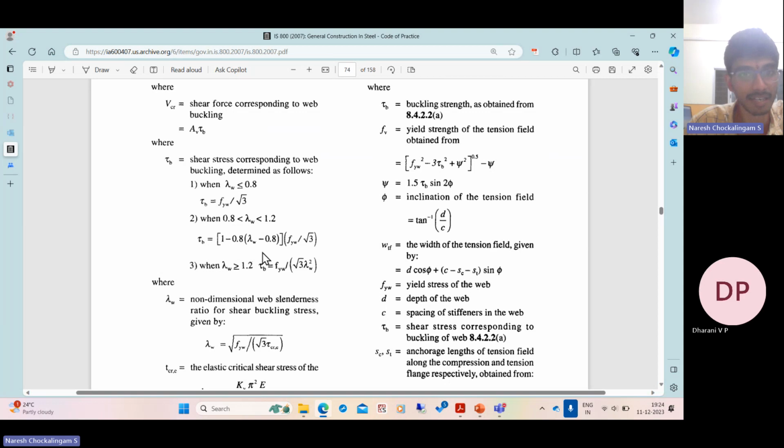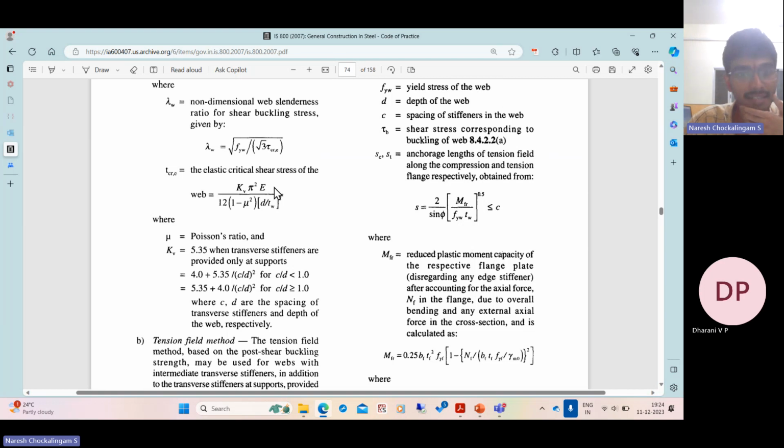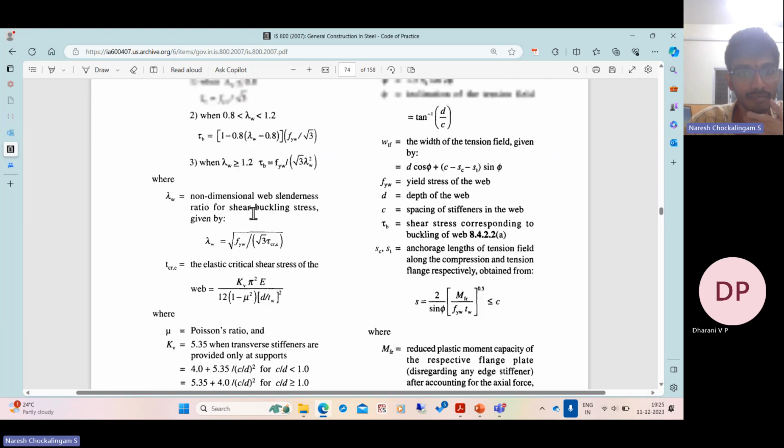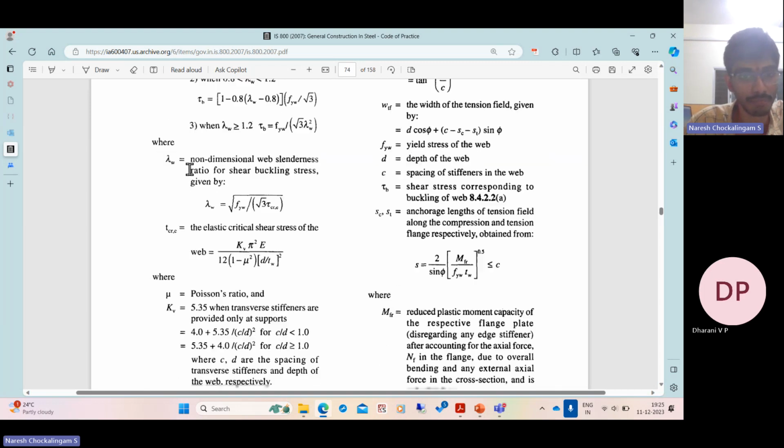Typically, this will not appear in GATE, but it's a good thing to learn. So the critical buckling stress of a panel under shear is given by this formula. Right, you can use this formula, multiply by b times t, and then you get the critical buckling load of the web.